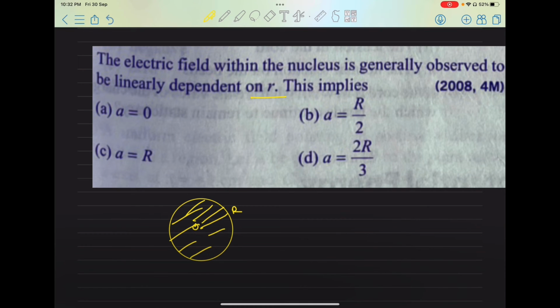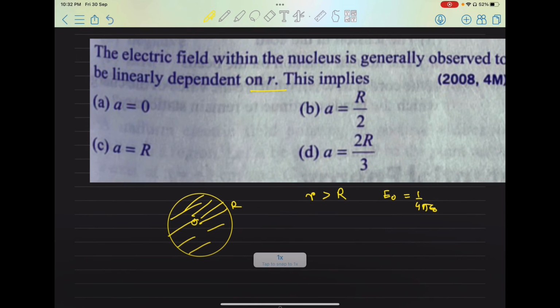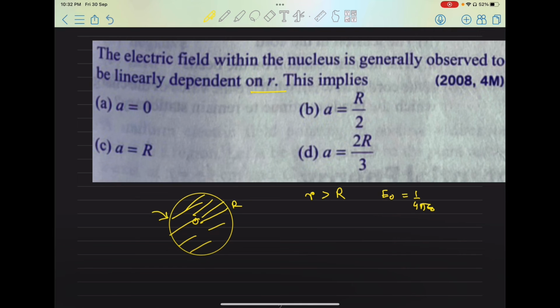If you remember the formula, because of this charge distribution, the field at a point outside the sphere is nothing but E outside equals 1 upon 4 pi epsilon naught times the total charge on this sphere. For this nucleus, the total charge is ZE, upon r square is the electric field.